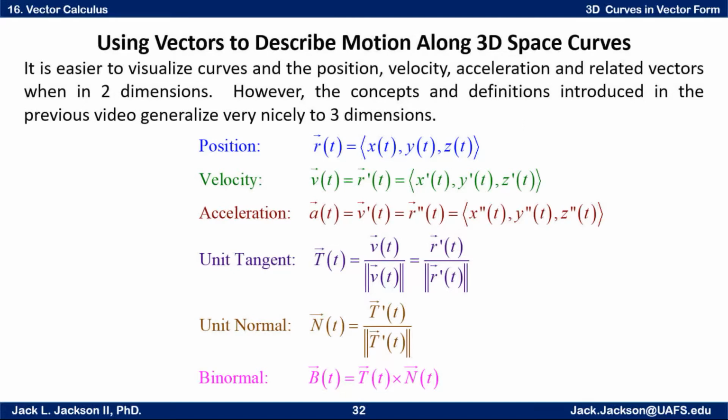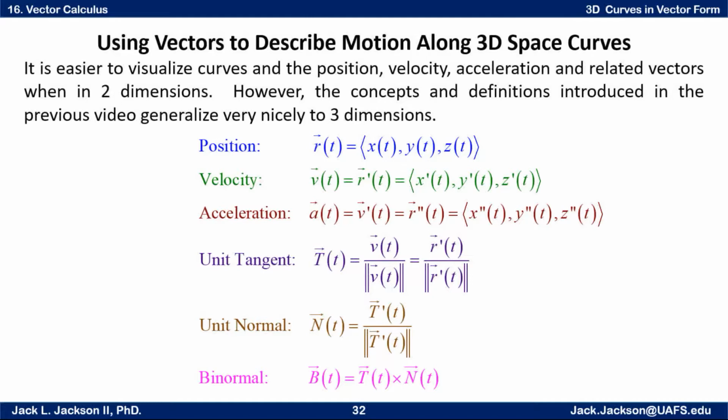I'll show a little bit later in this video that if you take the T vector and take its derivative, and then divide that by the norm of its derivative, you end up with a vector that is normal, that is perpendicular, orthogonal, to the T vector, and it will be a unit vector.